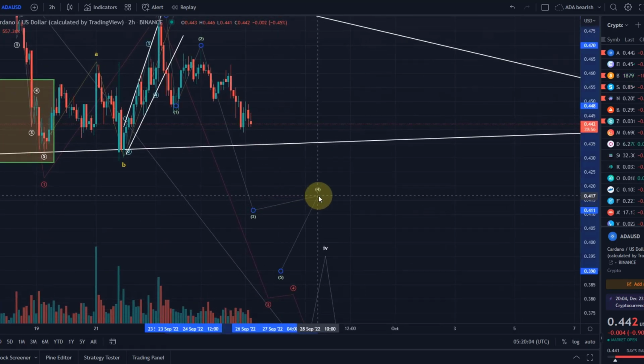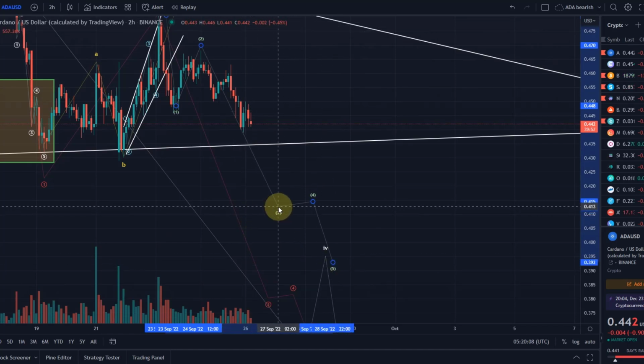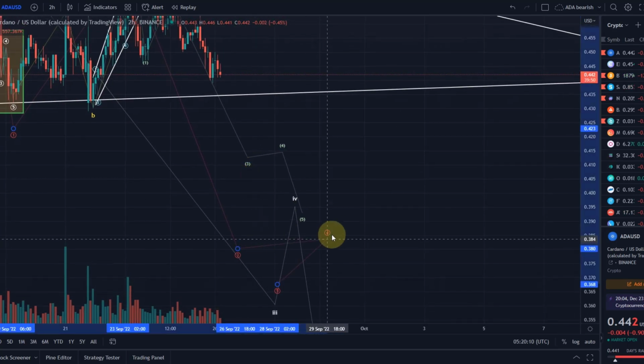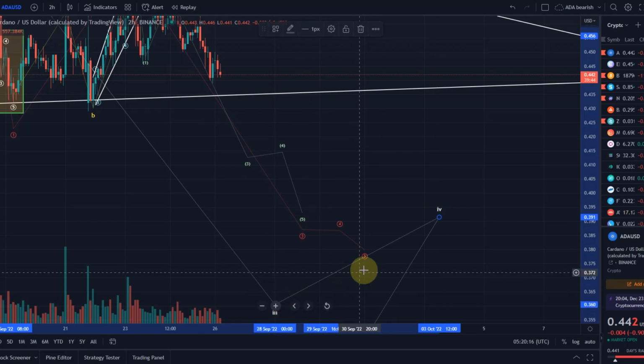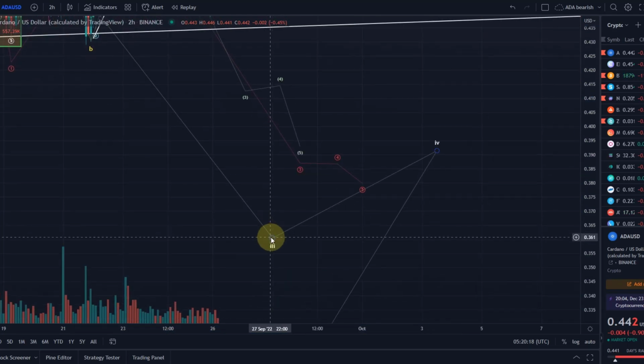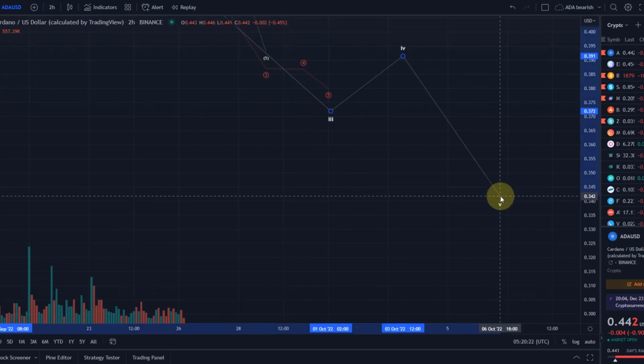Because of all these overlaps, it all takes a bit longer and sideways and so on. By the way, eventually this should take us ideally to around 30 cents.